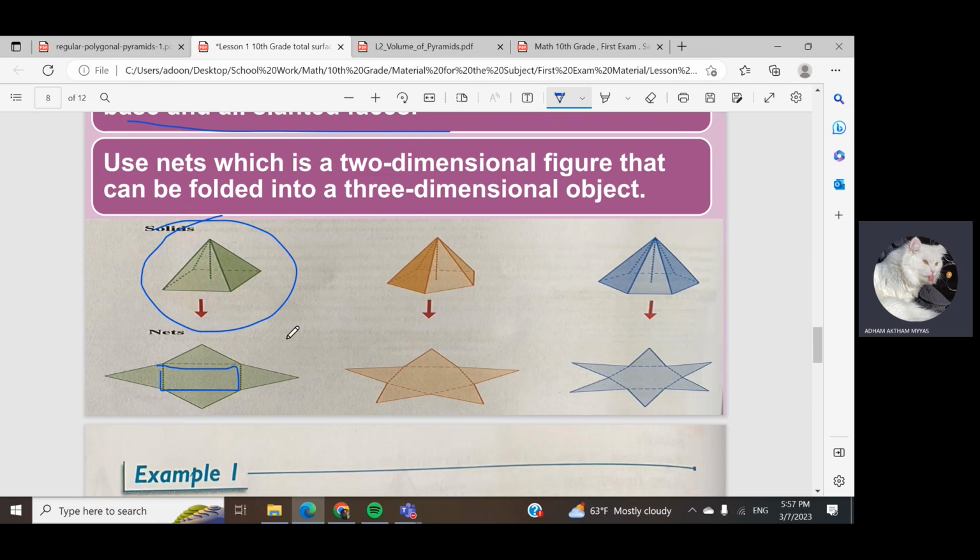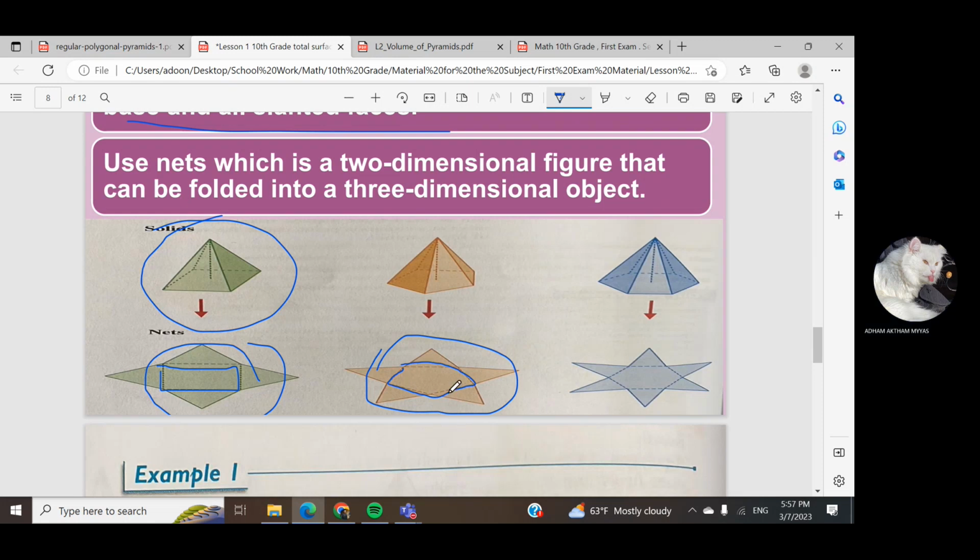And then if we open the pyramid, we would have 4 triangles. All pyramids, when we open them, have triangles. Be careful about that. We calculate the base area, and then we calculate each of the 4 triangles, and so on.